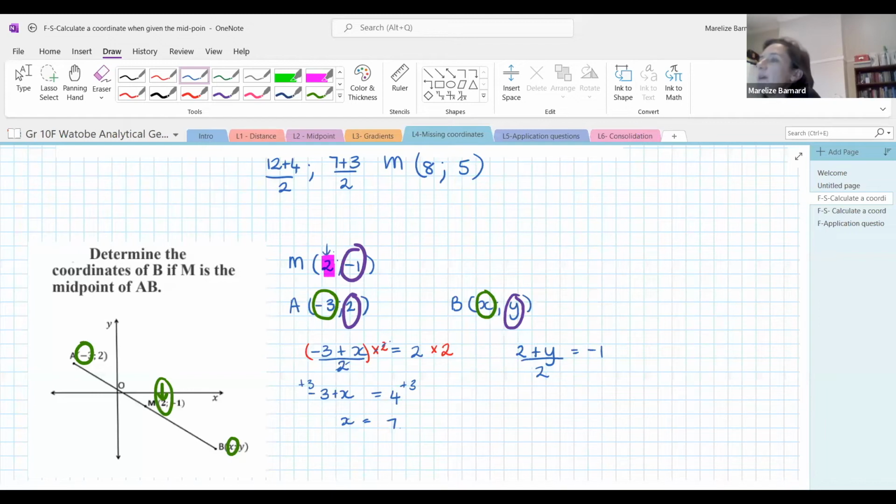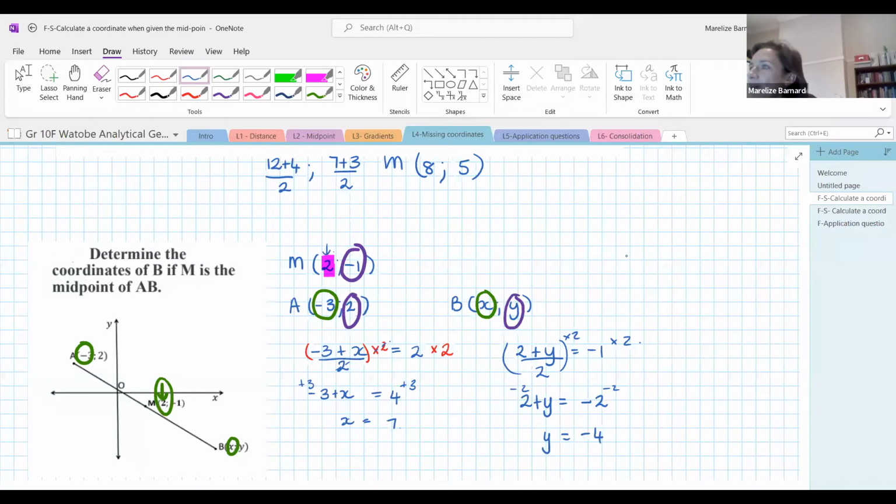And I see people are getting many different answers, so please follow carefully. So now we're going to times by the 2. So 2 plus y is minus 2. So times by 2. What I do on one side, I must do on the other side. So now we're going to get the y by itself, so we subtract 2. So minus 2 minus 2, y is minus 4.